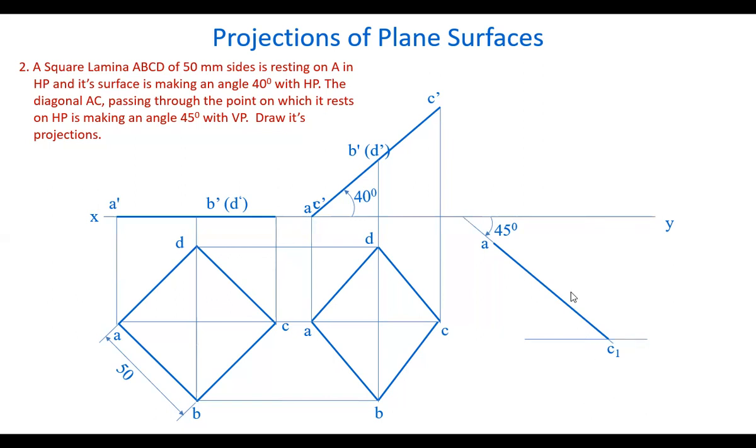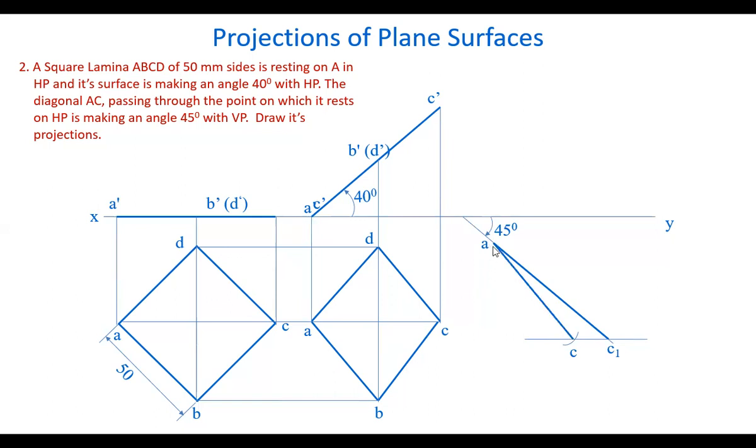Now let's take this actual length appearing in the top view, that is this AC. From A as center and this AC as radius, draw an arc here intersecting this locus. This point will be called C here.